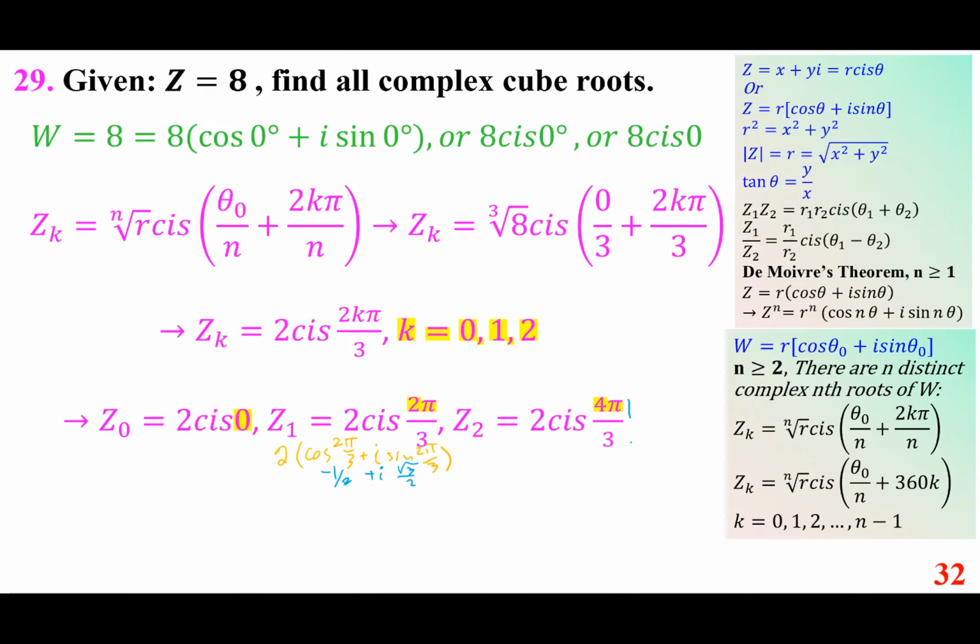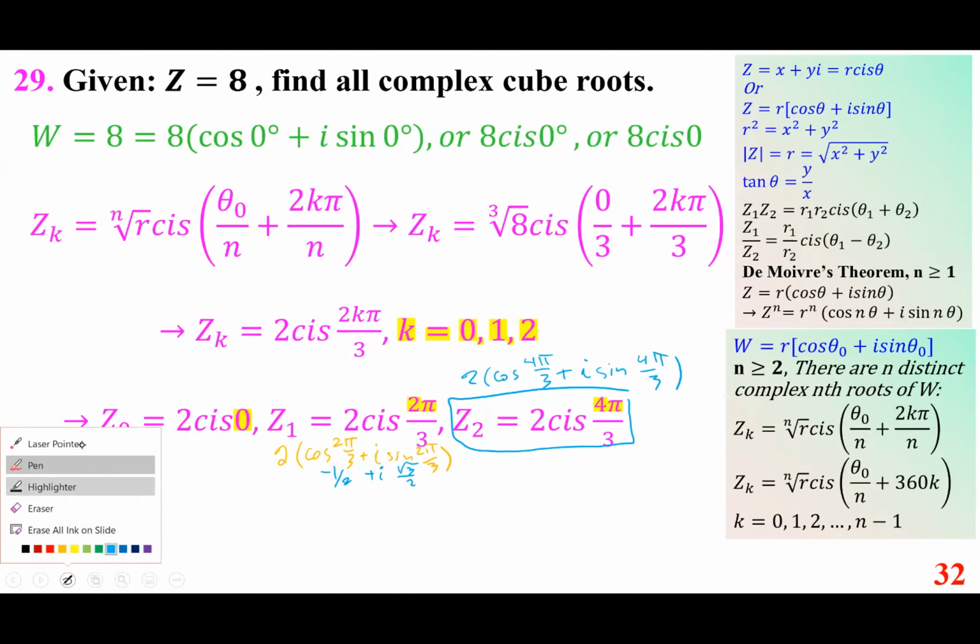Let me look at this one. This is 2 times cosine of 4 pi over 3 plus i sine of 4 pi over 3. Now 4 pi over 3 means the third quadrant, both of them are negative, both like pi over 3.